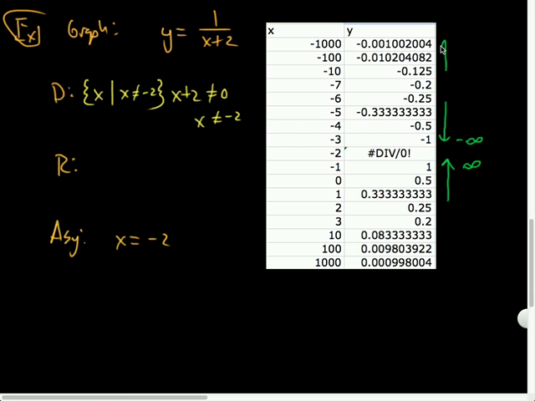Let's look at our y value. This is getting smaller and smaller. I think you'd agree. It's approaching 0, and what side is it approaching 0 from? Negative, and this is approaching 0 as well. It's getting smaller and smaller from the positive side, right? So my range likely is going to be the set of all y such that y cannot equal what?